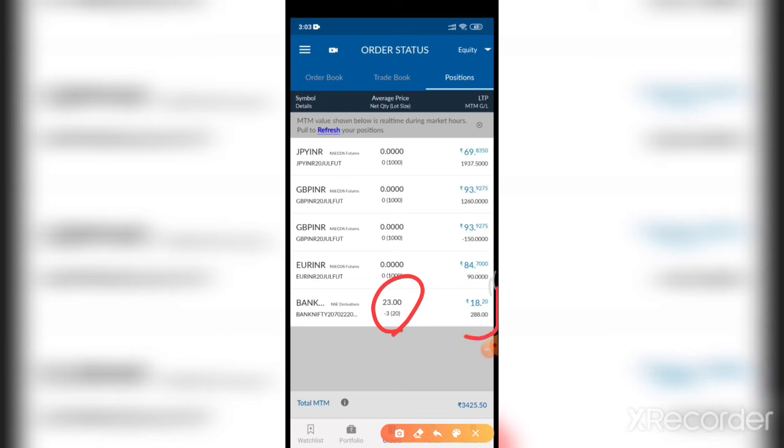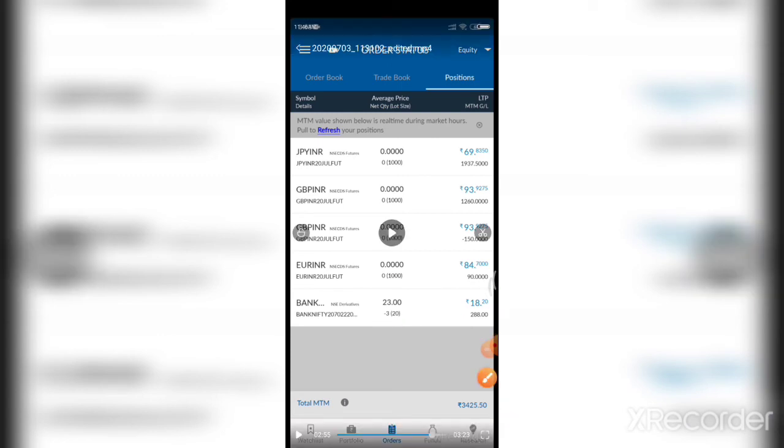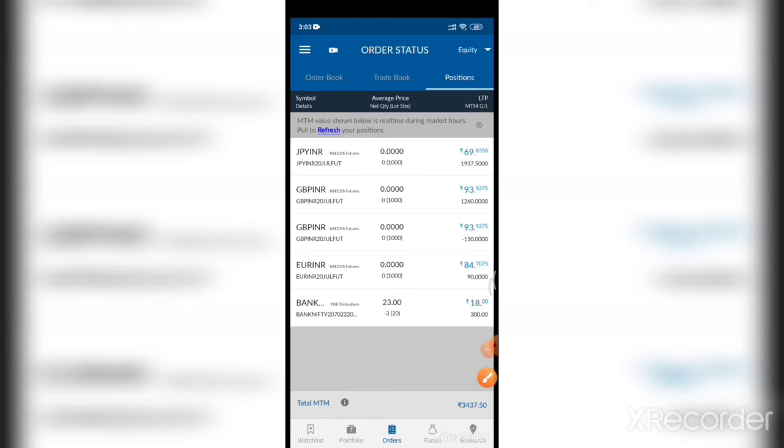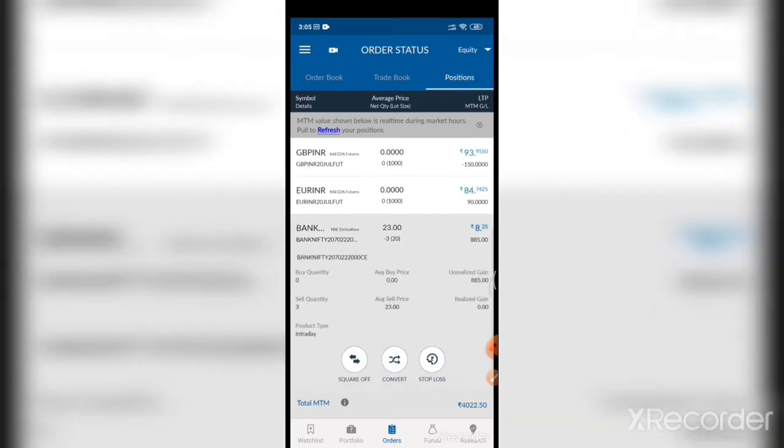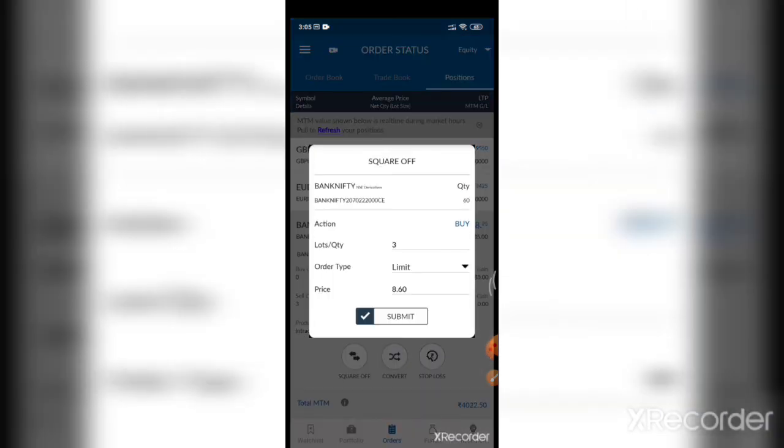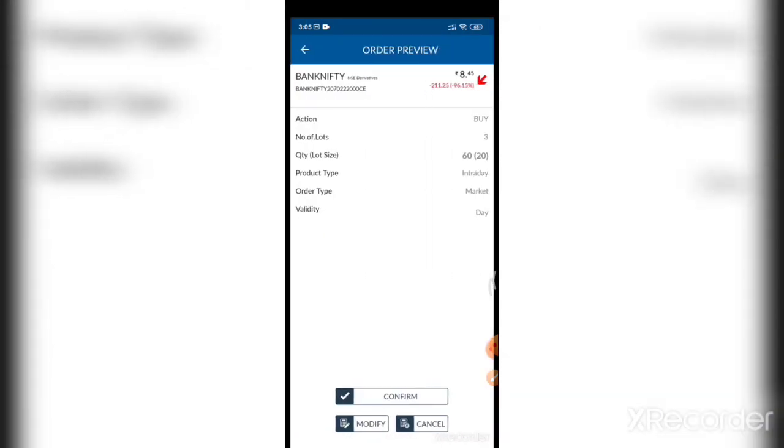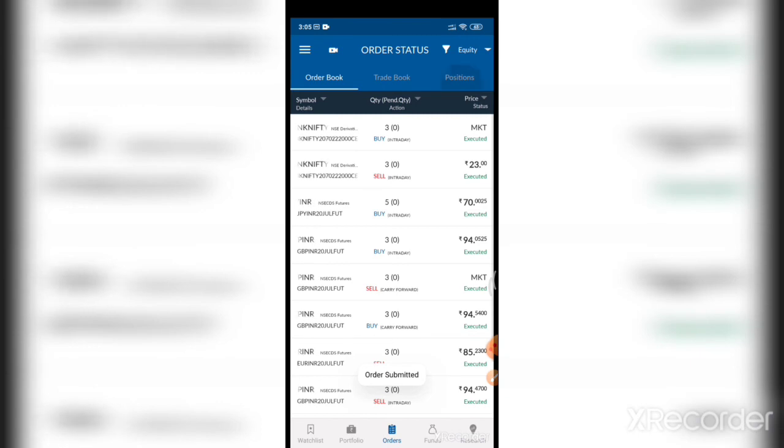The current price is 18, okay, so it is going down. Just watch, we have another chance of earning. It is going down and down, as you can see. Okay, we got the price, we will execute at the market rate. So the current, yes, 8.4, it is executed.